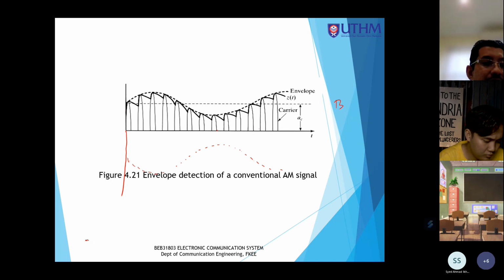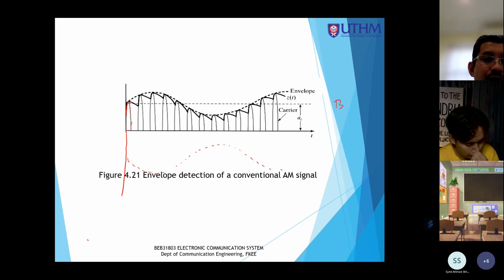Okay, so what happened at point C? Macam mana bentuk point C? So at point C, apabila signal itu drop below a certain threshold, RC tank circuit akan discharge yang mana dia akan membantu output ini supaya tidak turun mendadak.